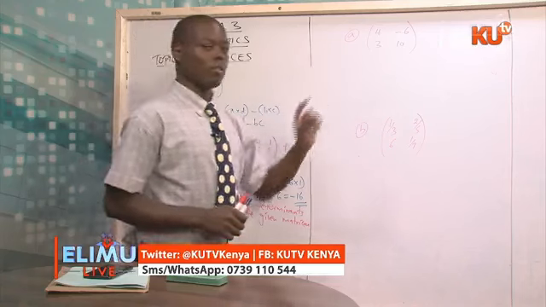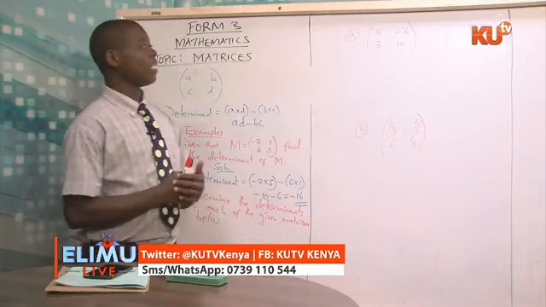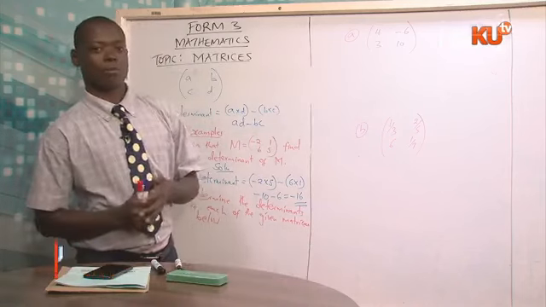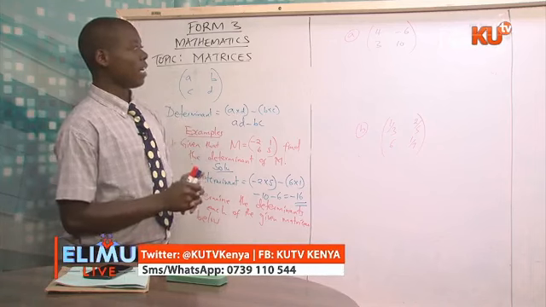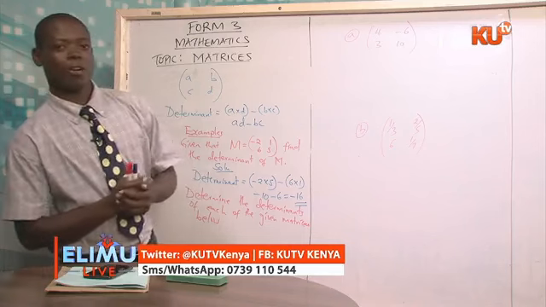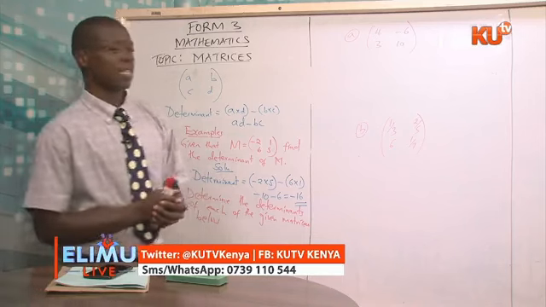Let's start with the first one, students. What are the elements in the leading diagonal? The leading diagonal has 4 and 10, and the other diagonal has negative 6 and 3.